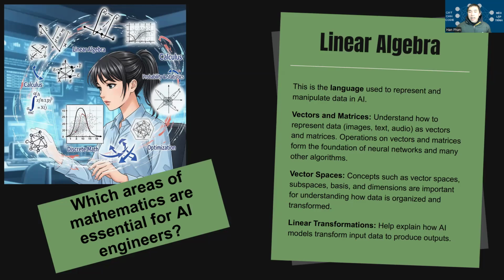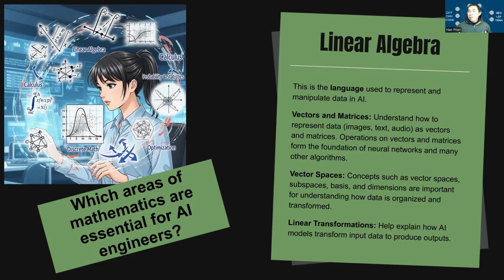You can understand how to represent data in the form of images, text, and audio as vectors and matrices so that you can use it for the AI models. And obviously, you need to understand how to perform different operations on vectors and matrices that form the foundation of neural networks and many other algorithms in AI.